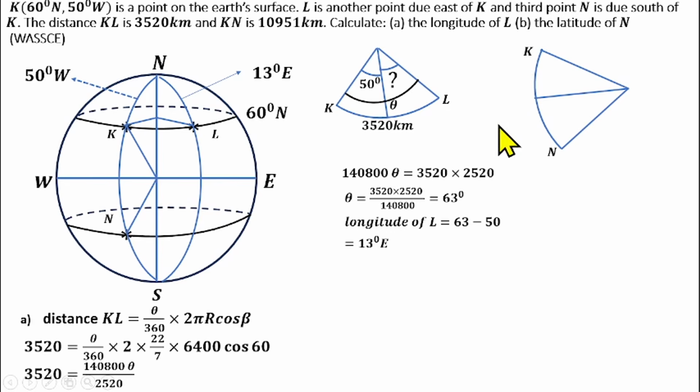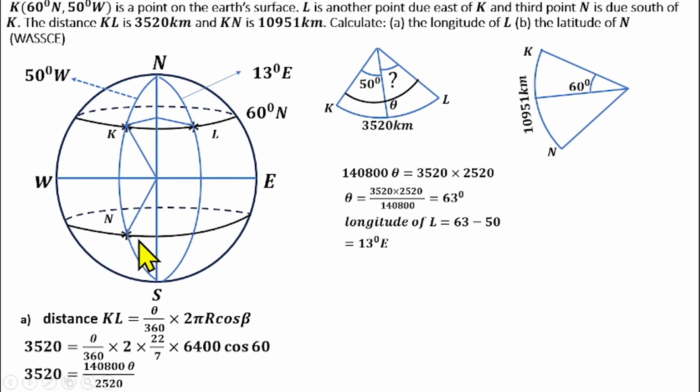What do we have? We are given the distance between K and N, which is 10,951 kilometers. Then from the origin to point K, what is the angle there? That should be 60 degrees, which is that latitude. Then from the origin to point N, what is the angle there?